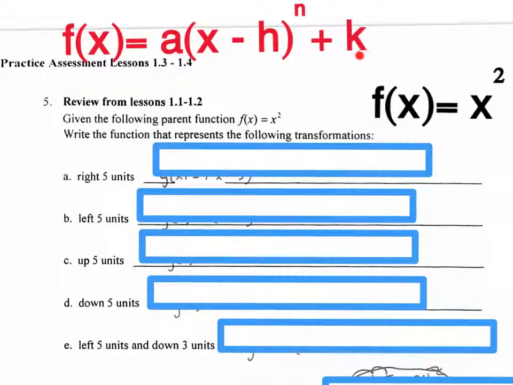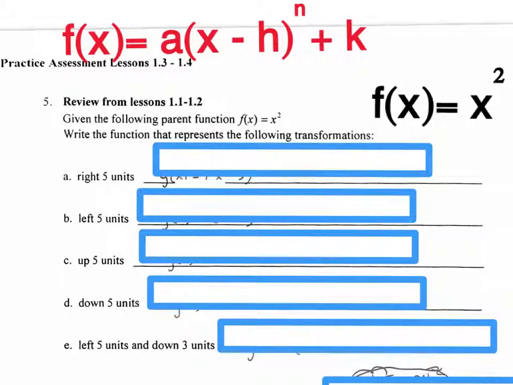The K value is the vertical movement up or down. So H and K are translations. H is left and right, and it's always inside parentheses with the X value. And the K value is always on the outside at the very end, and that is your movement up or down. It's a translation, it's a shift.